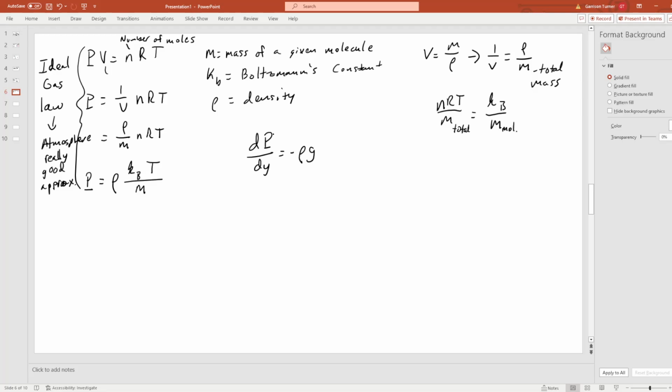So what I'm going to do is solve for the density here. My density is equal to negative dP dy over g.